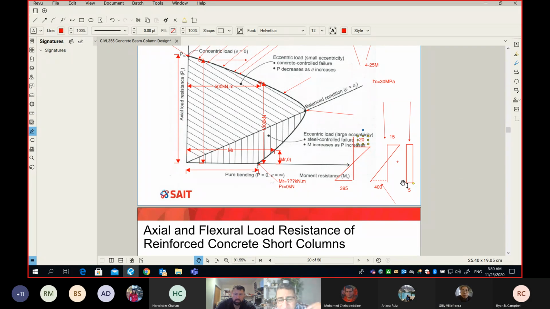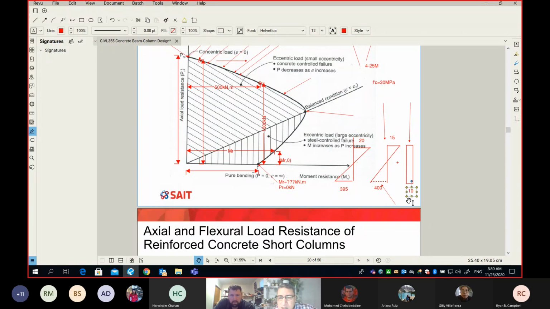Okay, so what if I keep adding? Look, this is little force. So what happens if I add a little bit more, a little bit more, a little bit more? At some point, this guy, for example, let's say this has become 10. If this is 10, this one will be 390, and this one will be 25.